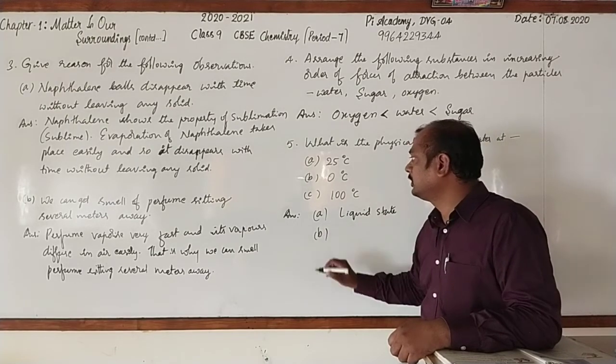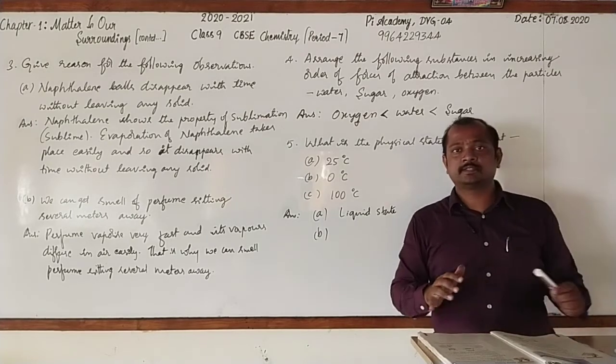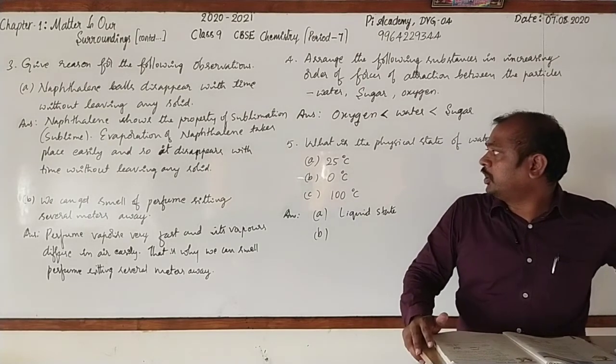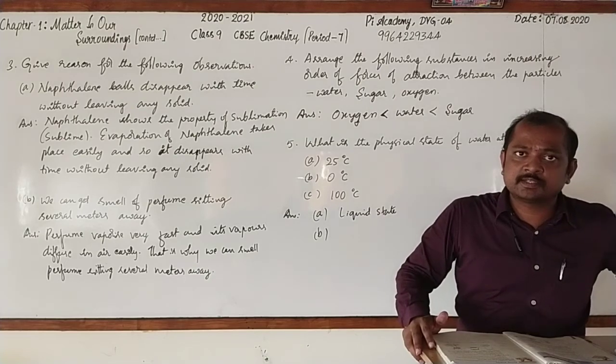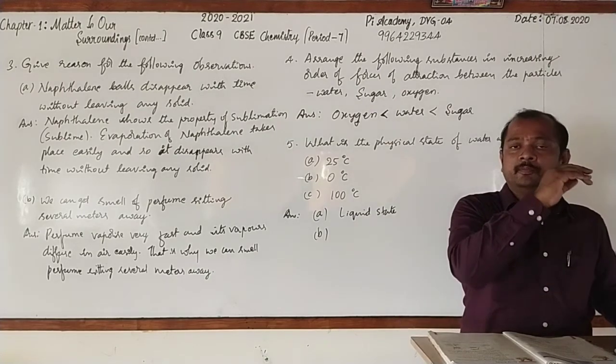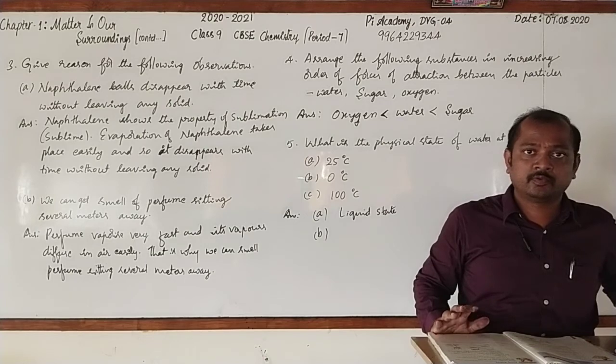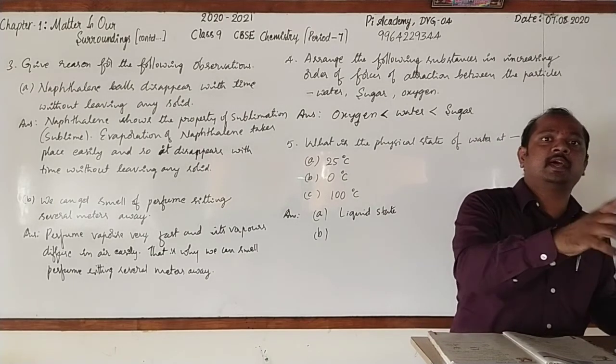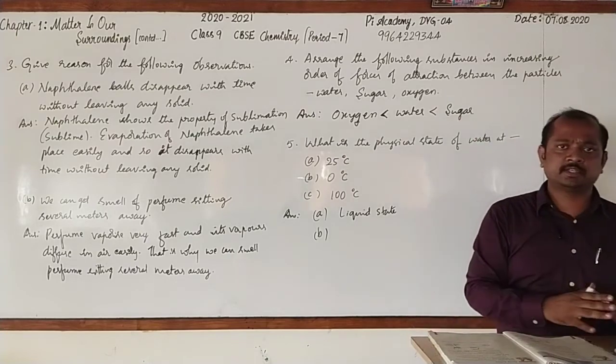Then what about at 0 degrees Celsius? We know that water at 0 degrees Celsius, it starts becoming the solid, right? It will be in both liquid state as well as solid state.